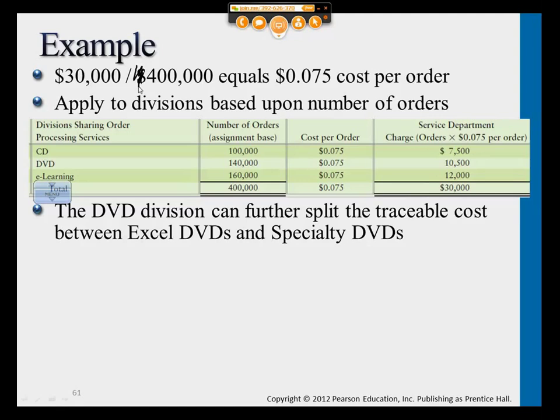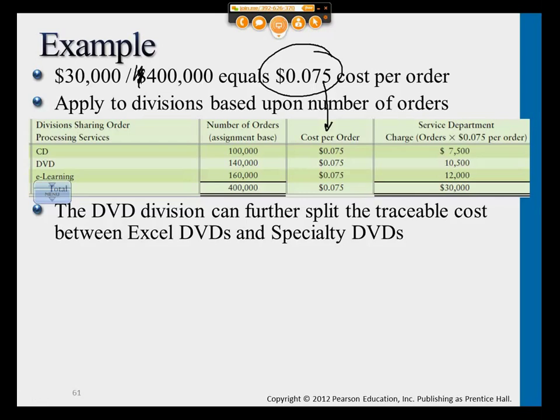Now we want to apply it to divisions. So what I did with this number, I plugged it in right here. What's happening? For each of the divisions, I multiply the number of orders by the cost of the order, and now I get the service department charge. So what do you see here?